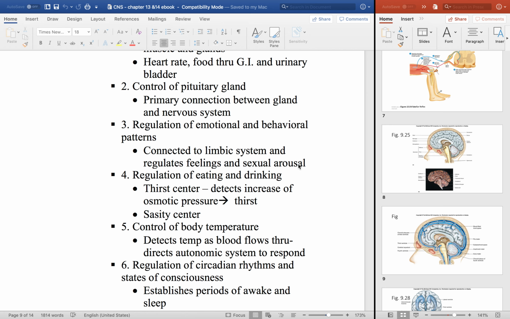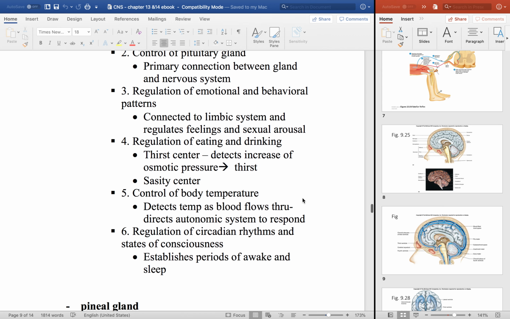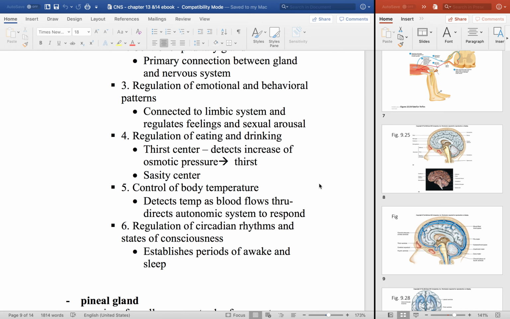If we're thirsty, it detects an increase of osmotic pressure. Remember, osmotic pressure has to do with the amount of solute that is in solution. So whenever we detect that our osmotic pressure is increasing, we get thirsty. It also has a satiety center. In other words, when I feel satisfied when I eat, that is controlled by the hypothalamus.